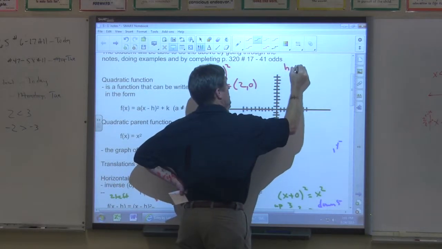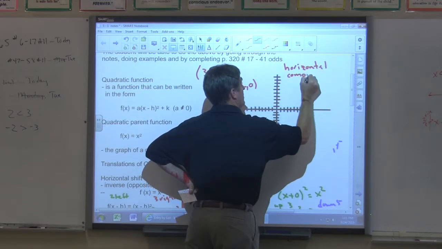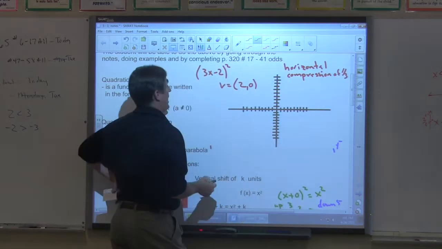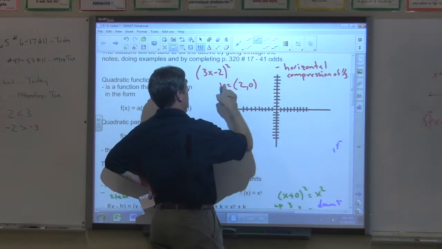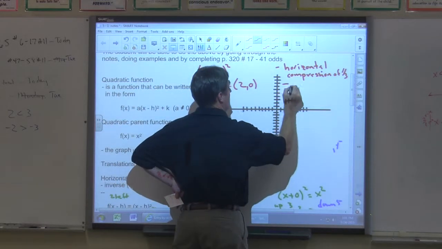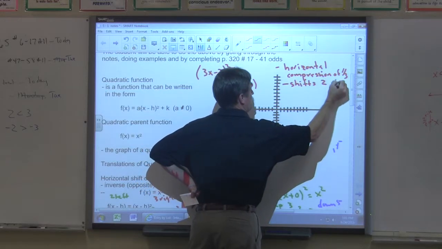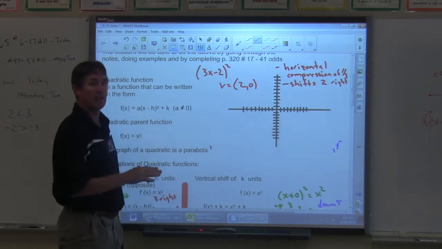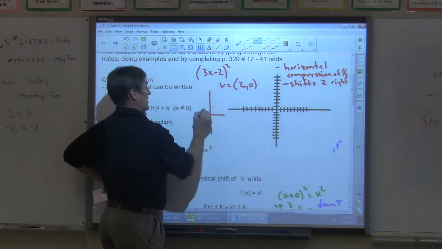So that would be a horizontal compression of 1/3. And then minus 2, it's inside, so it's horizontal. It's negative 2 here, so it becomes a positive 2, and so that shifts to the right. Now, if you have to graph these, we can't use the shortcut with the 3 in here. So we're going to have to go in and plug our numbers in.